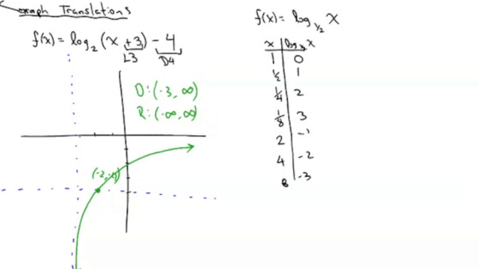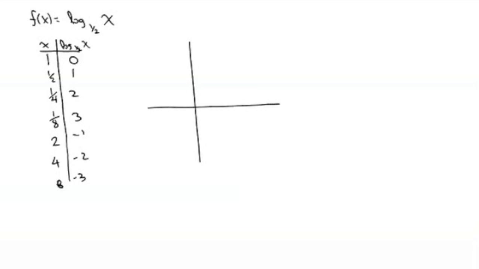All right, we can graph this. This is a graph, not a sketch. Be clear about that. So (1, 0) is here. (1/2, 1) is here. (1/4, 2) is here. (1/8, 3) is up here someplace. You just have to think about it as backwards.